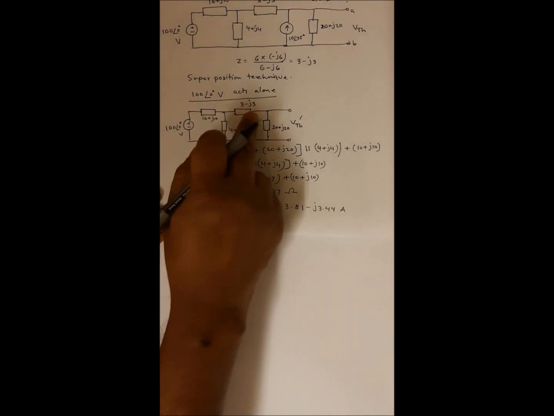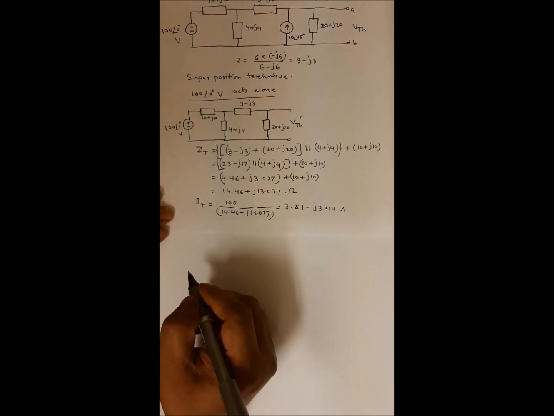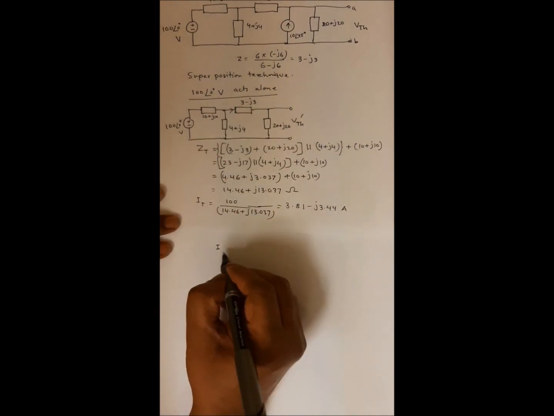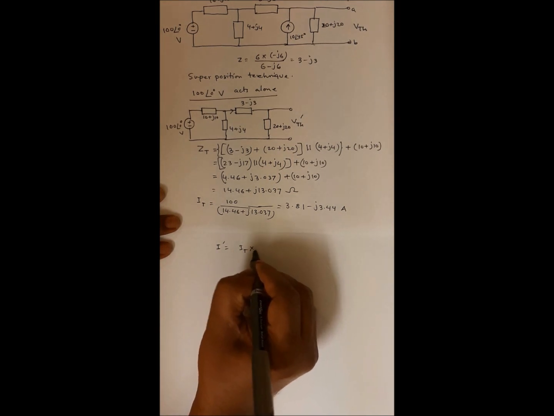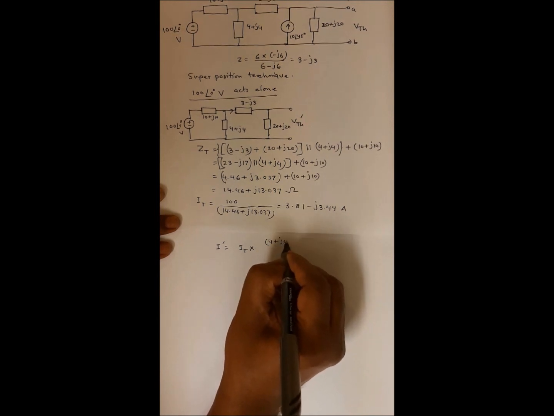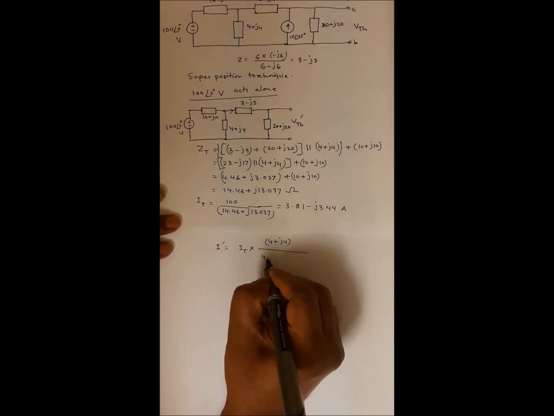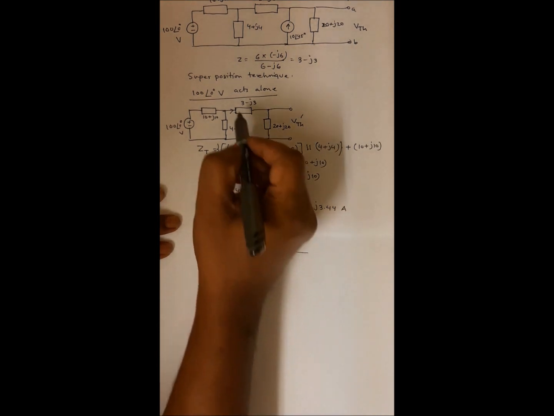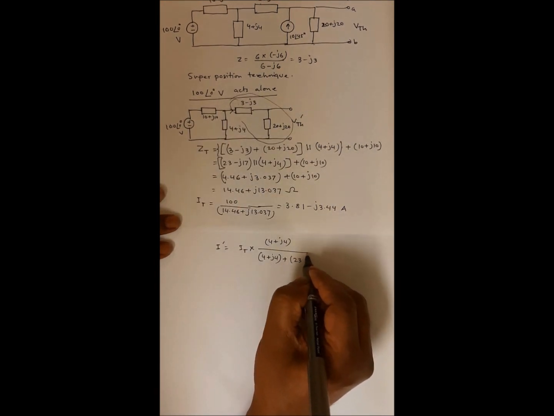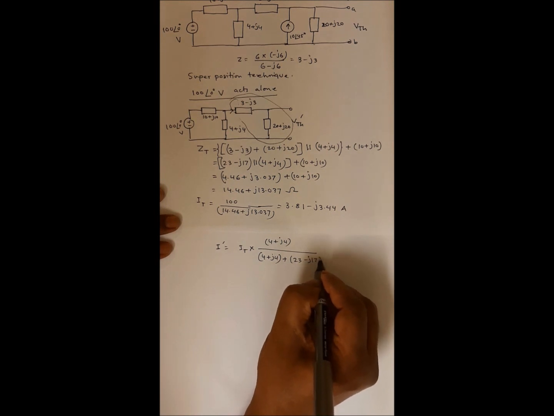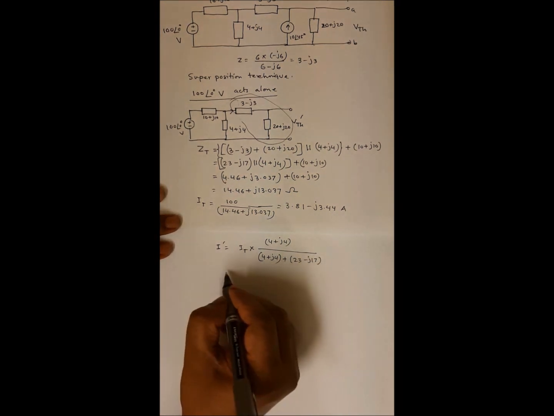So once you get the total current, you can find the current in this branch. That's I prime, which will be IT times the opposite branch impedance, 4 plus J4, over the sum of these two branches. One branch is 4 plus J4, and the other branch is the entire thing, 23 plus J17.